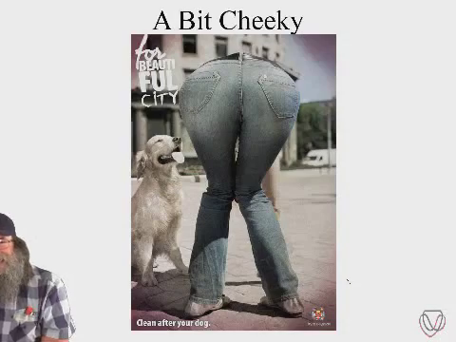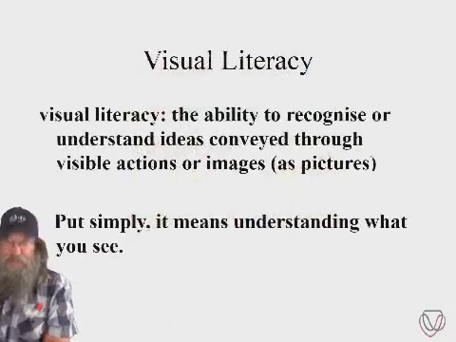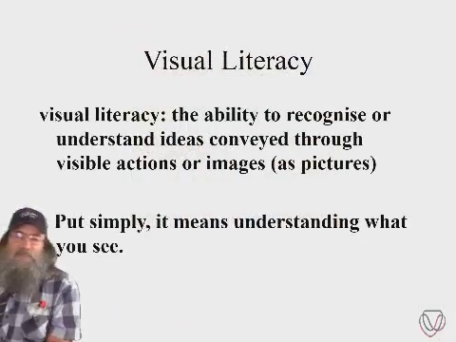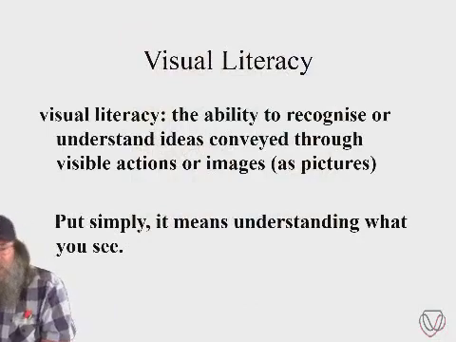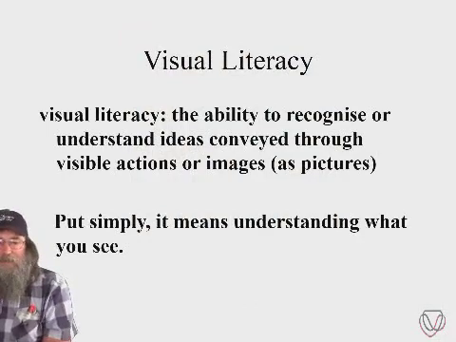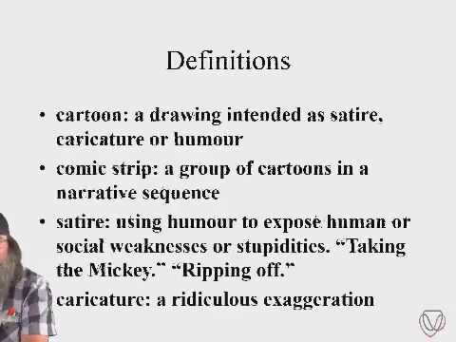But doesn't that just get your attention? Clever. Visual literacy is the ability to recognize or understand ideas conveyed through visible actions or images as pictures. And then I've put a comment. Put simply, it means understanding what you see. There's nothing complex about that.